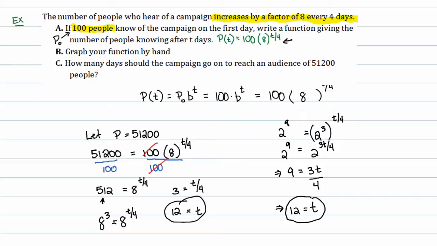The prime base on this was just a 2, and the prime base on this was actually just a 2 as well. Once you get them written as 2 to a power is equal to 2 to a different power, you can now say those powers must be equal. So this tells me that in 12 days, 51,000 some odd people will know.